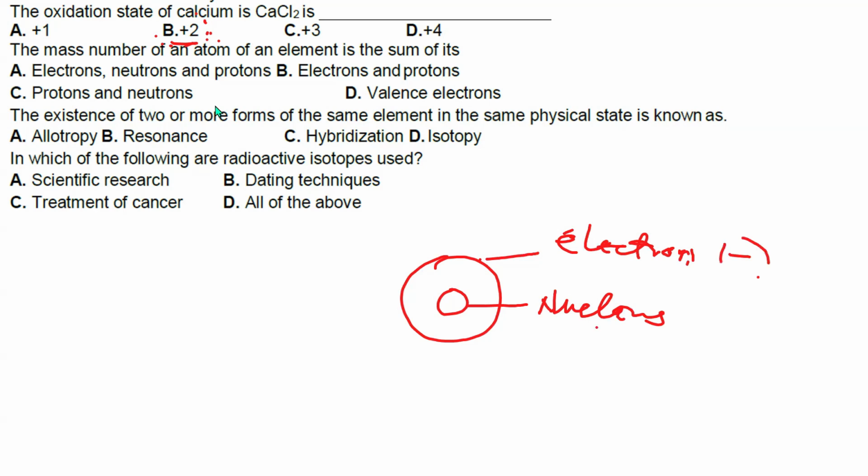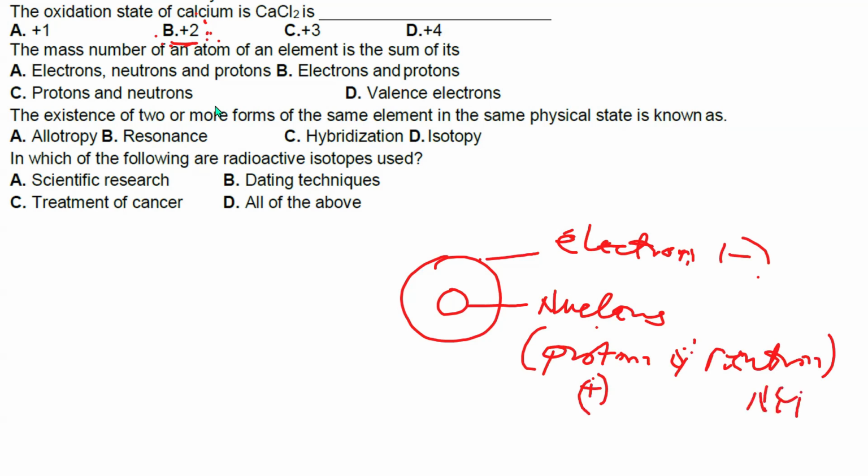In the nucleus of the atom, we have protons and neutrons. The proton is positive charge and the neutron is neutral. So the mass number of an element is equal to protons plus neutrons. When we add protons and neutrons, it gives us the mass number of the element. So the answer is option C, protons and neutrons.